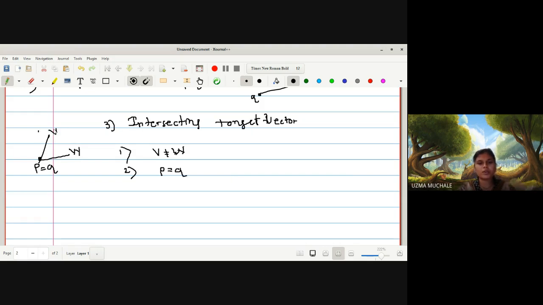So the points of application are the same, but the vector parts are different. Any doubt for this point? No, ma'am. Yes, everyone agree with me? Yes, ma'am.